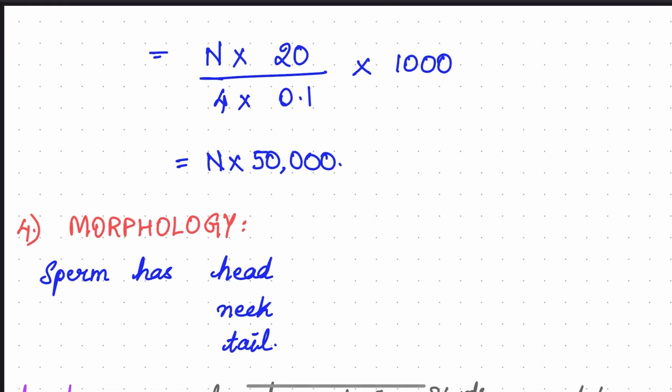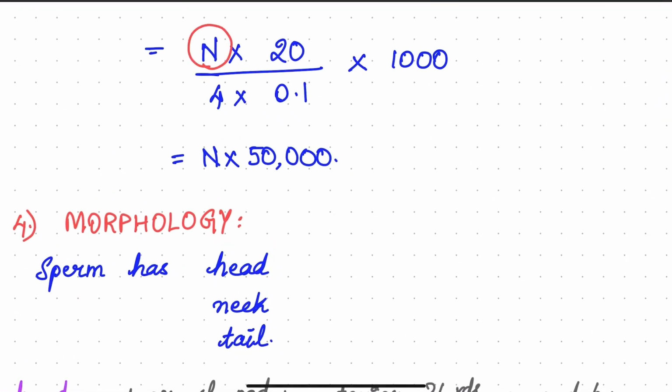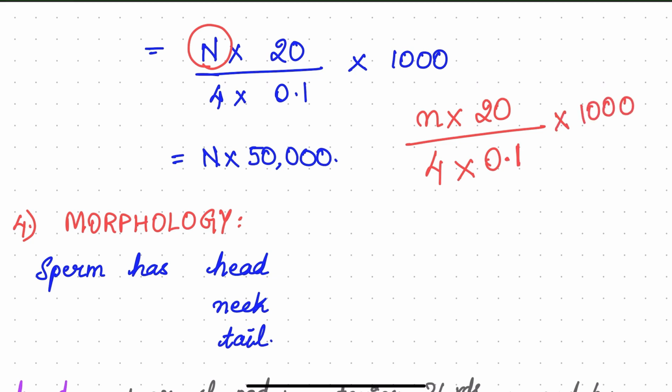So n is the number of sperms that you count, into the correction factor. Since we have used 1:20 dilution, the correction factor will be 20, divided by the number of squares counted, which is 4, into the depth or the volume, 0.1, into 1000. So you take this decimal up.